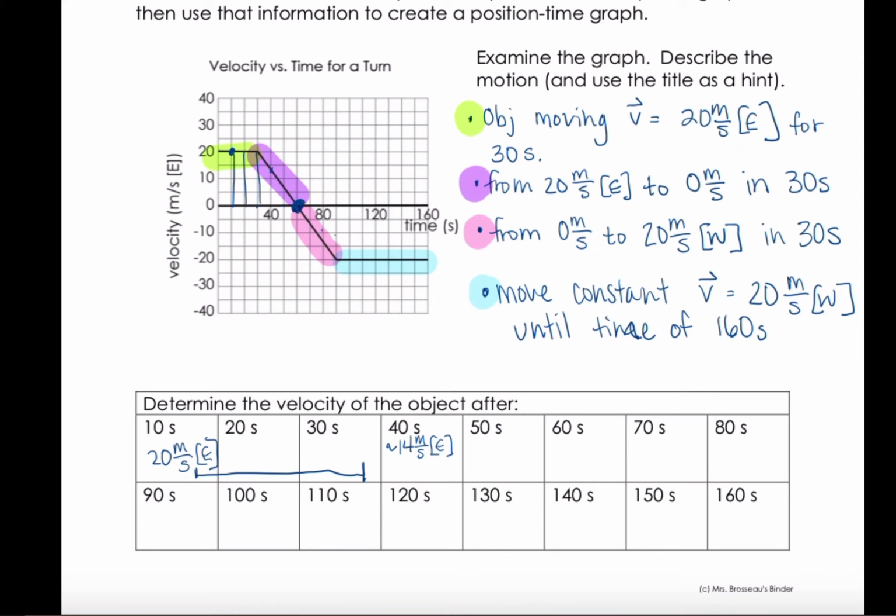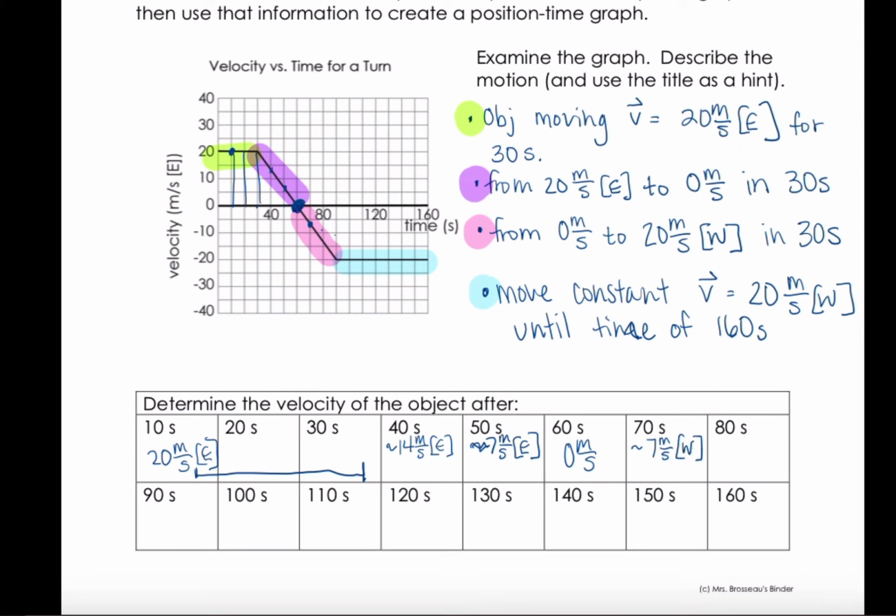Okay, and then at 50 seconds, it's just above the 5, so around 7 meters per second east. Okay, for 60 seconds, they've stopped, so they're at 0 meters per second. Okay, at 70 seconds, they're just past the -5, so around 7 meters per second west to show that it's in the negative direction.